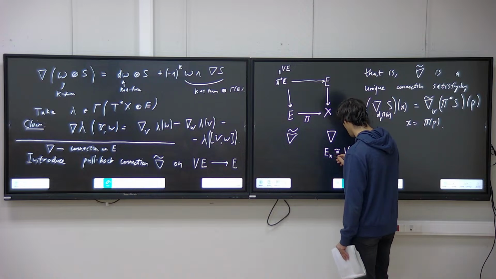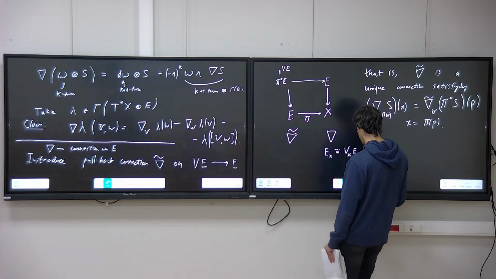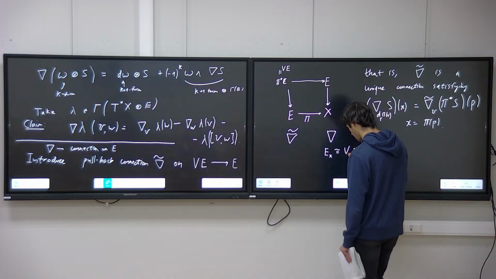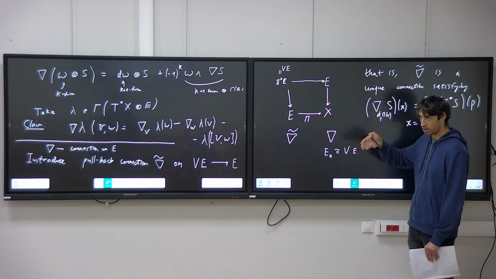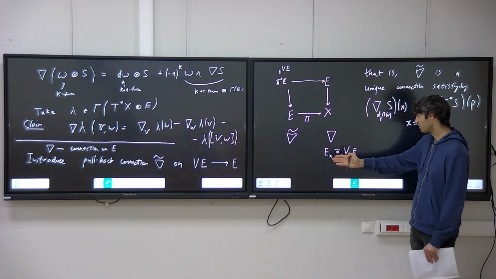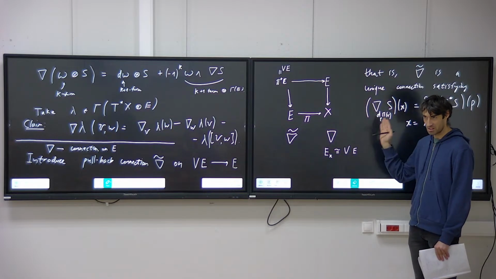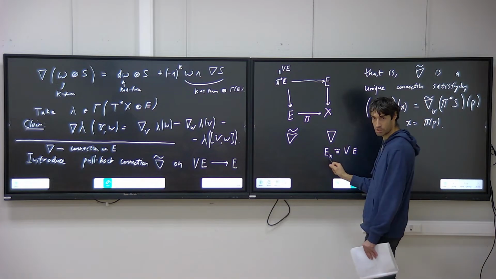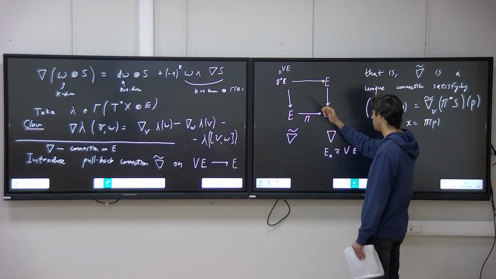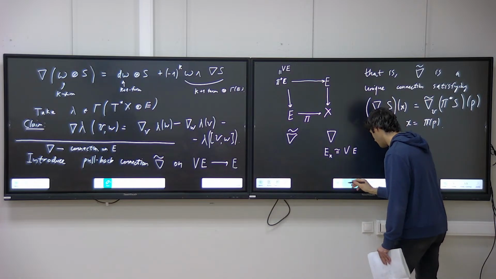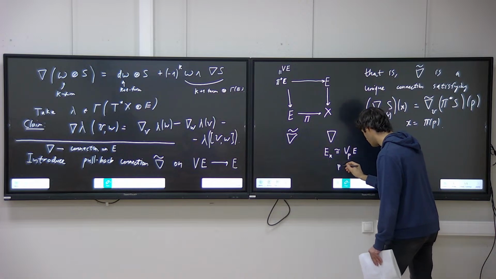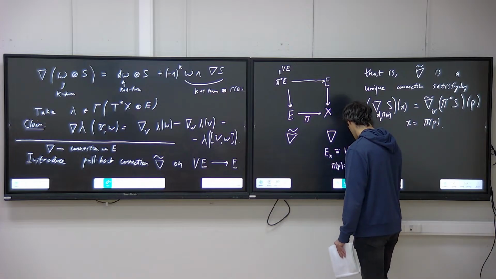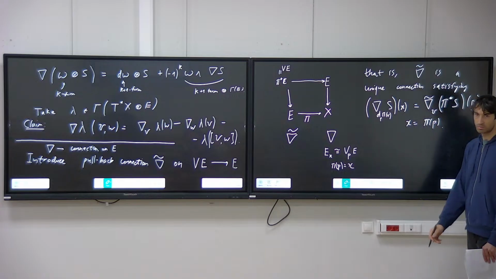Well, EX is isomorphic to V, not X here, but again, we're using the fact that it is linear, and so each fiber is a vector space. So the tangent bundle to the fiber is the same as the fiber itself. So that's what is used here. And fibers of pi star X are those guys, and fibers of VE are, well, I didn't write. So here P, pi of P is X. So that's why.